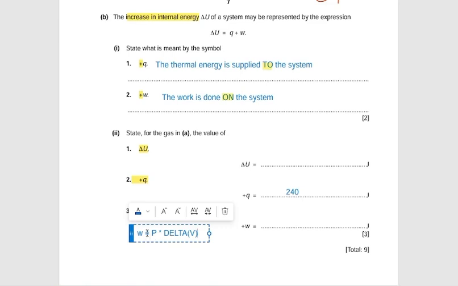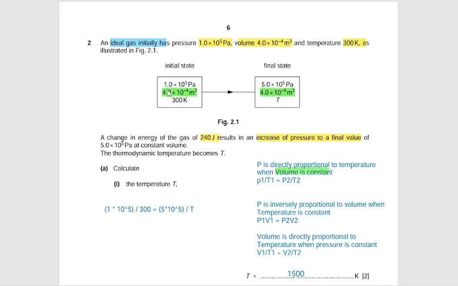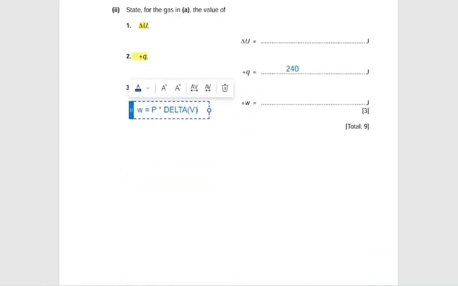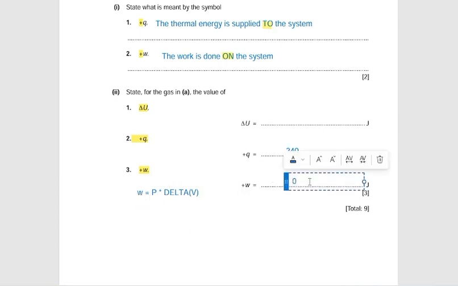No matter what the value of P is, no matter how much P is changing, if V is constant, if the volume is not changing, your work done will be 0. When you go up, you can see I have highlighted this as well, that the volume remains constant. Now we know that the volume remains constant, there is no change in volume. We will say that the work done is 0, and so our value should be 0.